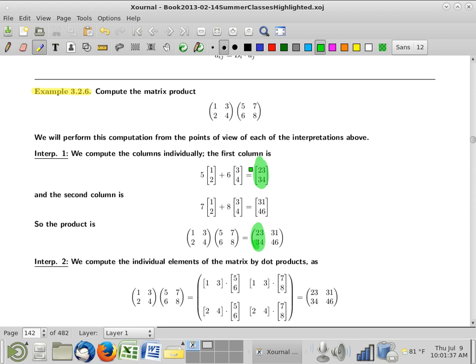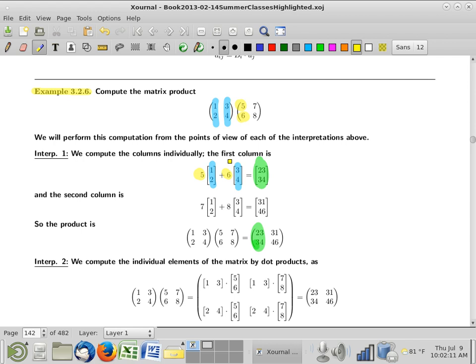Well, that first column is going to be a linear combination of the columns of the left matrix, where I use the first column of the right matrix as my coefficients. These are the objects in play. Take the linear combination and get that result, which I can put there.